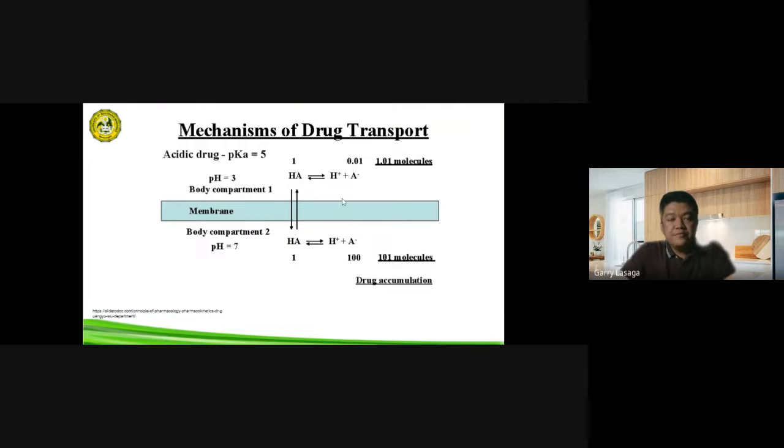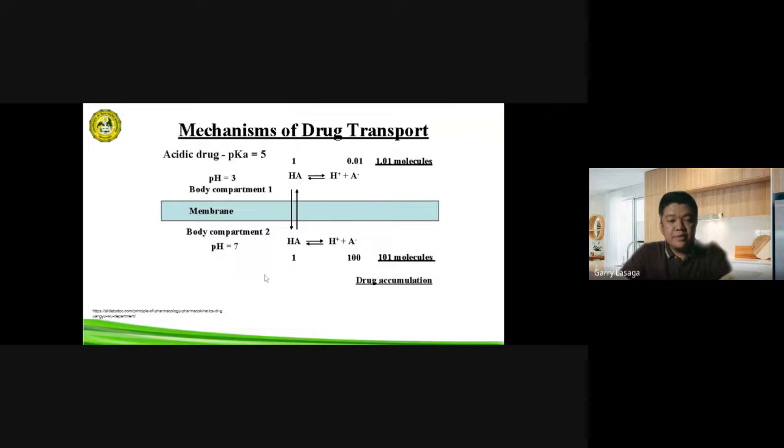A factor of 100, because 0.01 and then 1, two zeros, so a factor of 100.